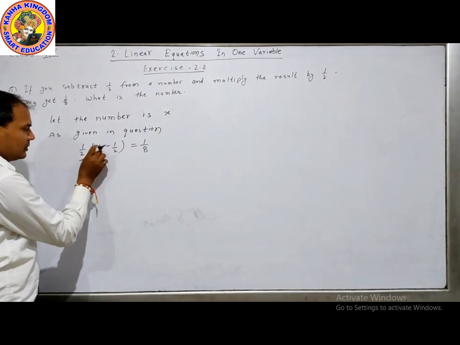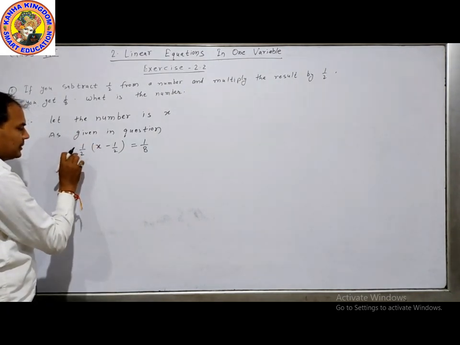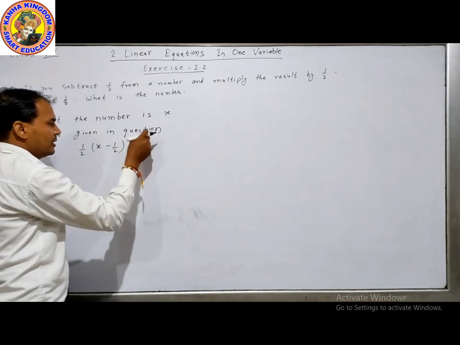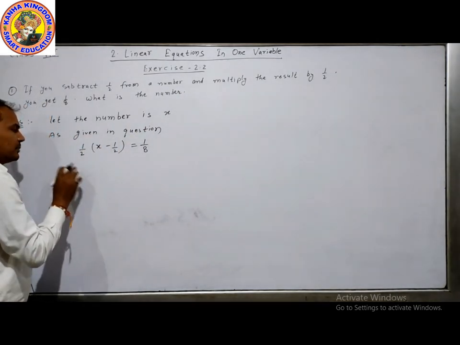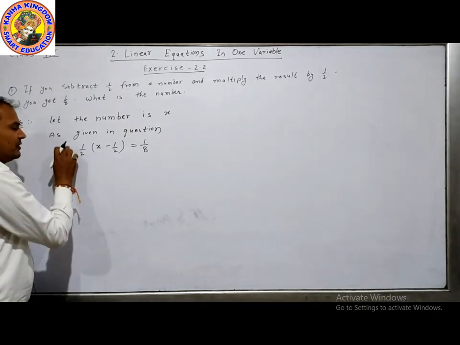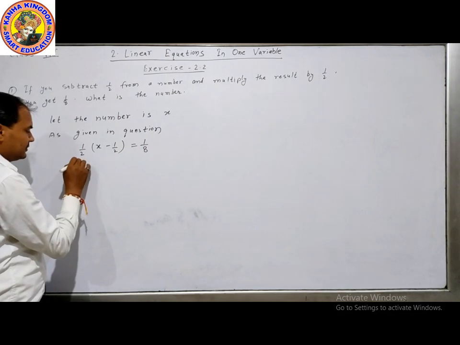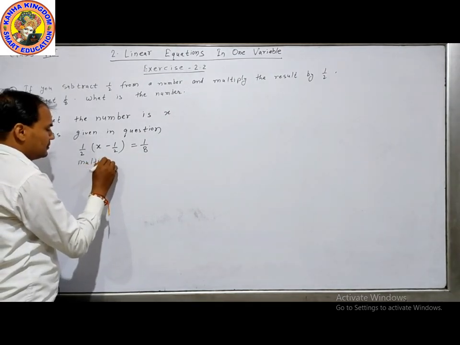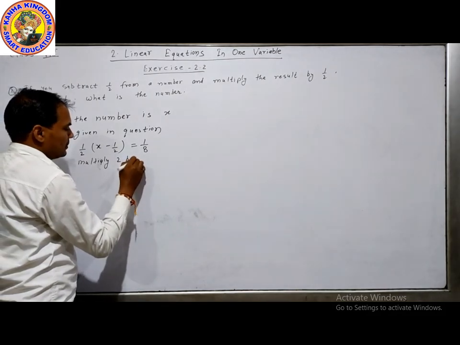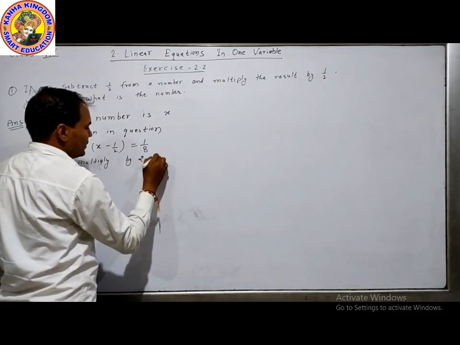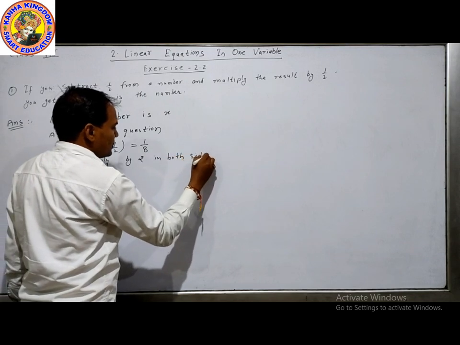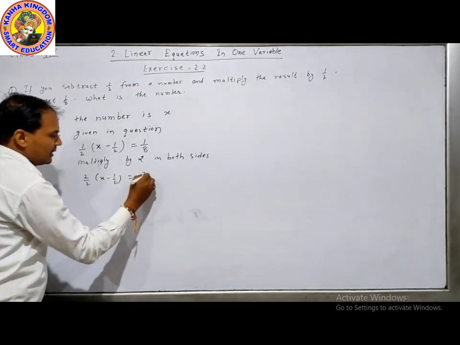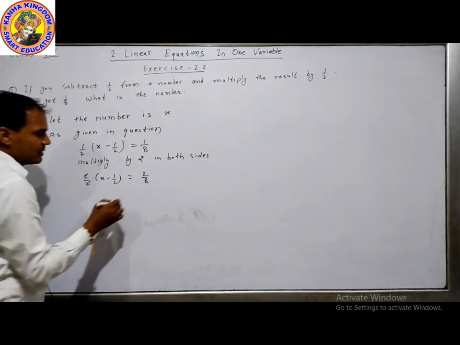We have to solve for the value of x. First of all, the 1 by 2 moves to the other side. A divide number goes to a multiply number, or simply we have to remove the half, so we multiply by 2 on both sides. 2 into (x minus half), and 2 into 1 by 8. The 2 and 2 cancel out.